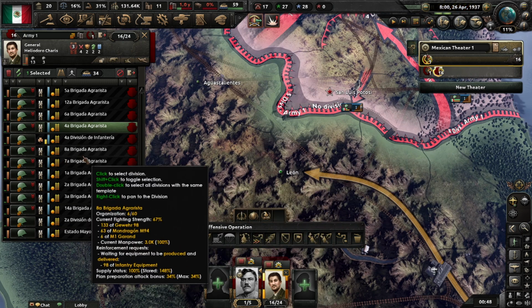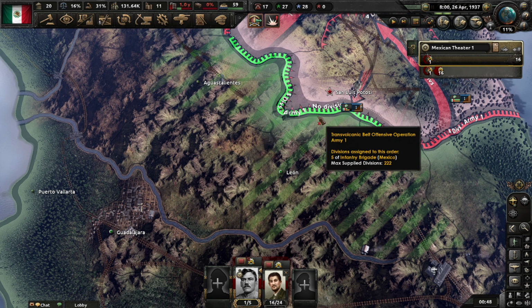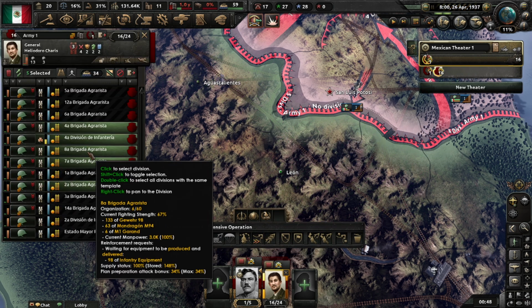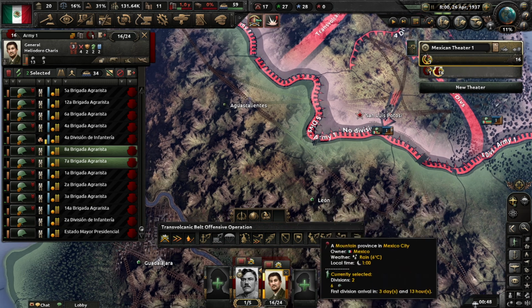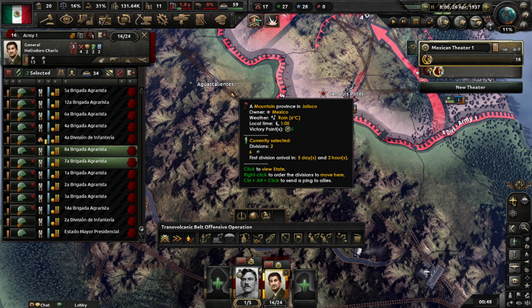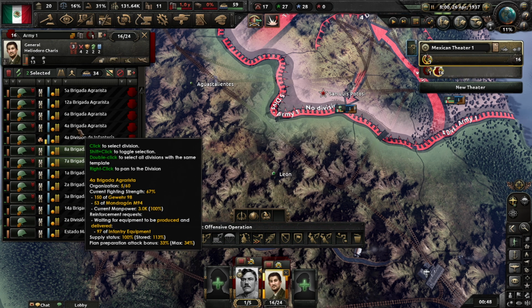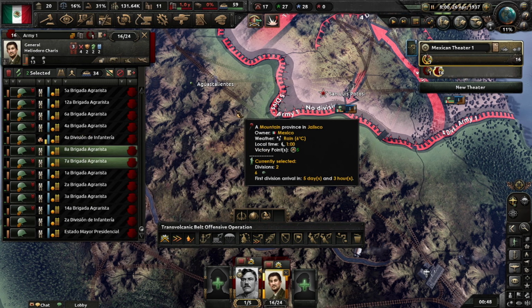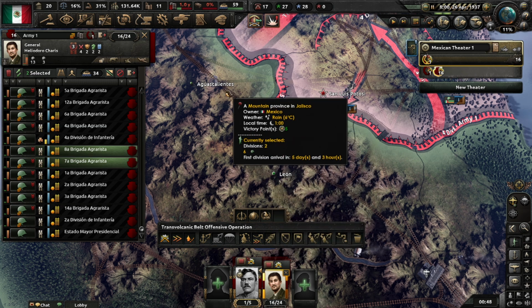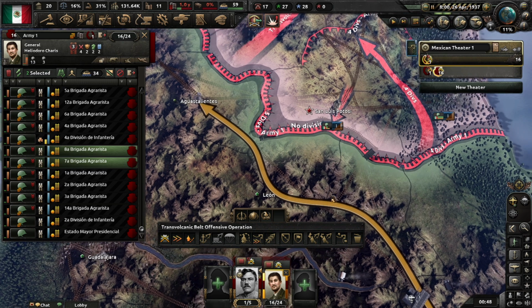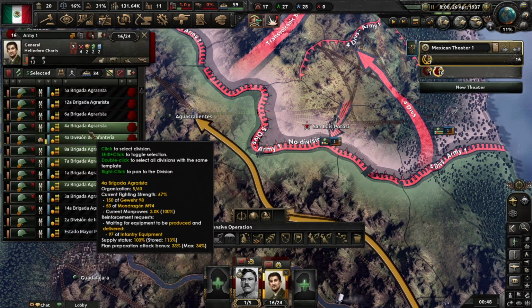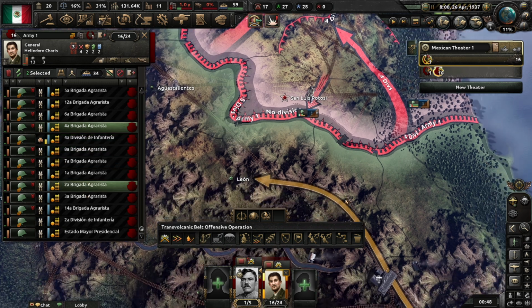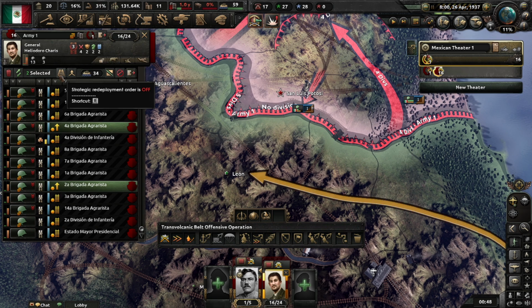You got 1 to go into Leon. 7th and 8th. Let's go there, and the 2nd and 4th to Leon.